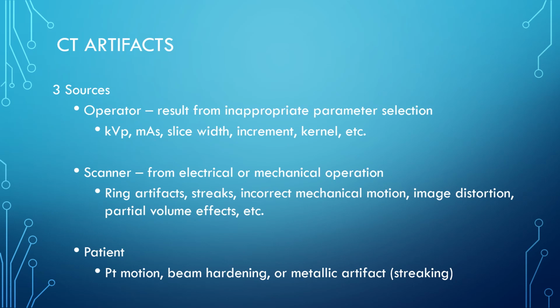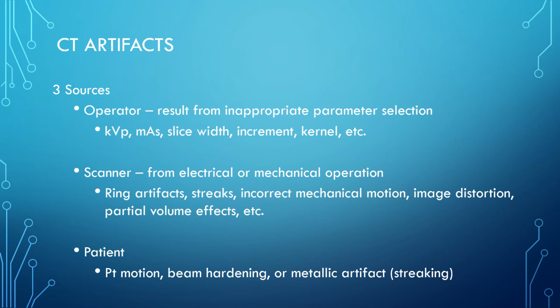As stated earlier, there are 3 basic sources of artifacts with the CT: the operator, the scanner, or the patient. With the operator, this is a result from inappropriate parameter selection, and that includes KVP, MAS, slice width, increment, and kernel.